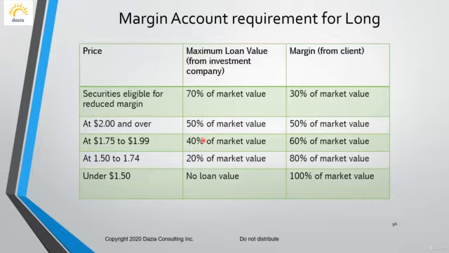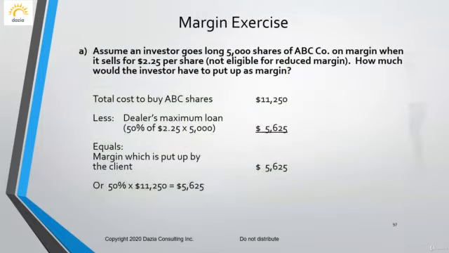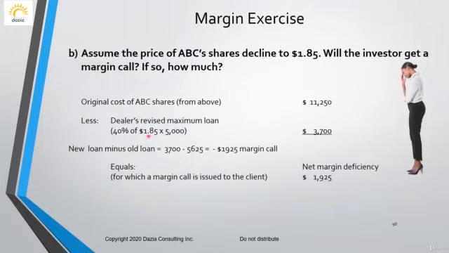So because the price went down, the company is going to say we can give you less loan and you have to make up the difference. So that's where we got this 40% from. And when you multiply the price by the number of shares by 40%, you get $3,700. So if you subtract that from the 11,250, that gives you the difference.